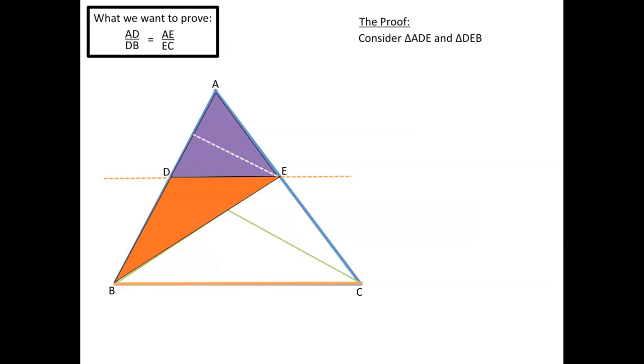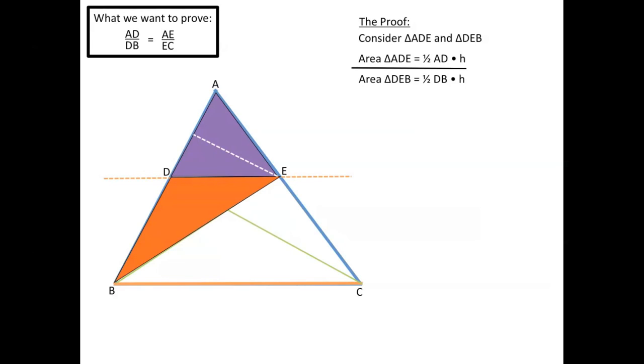So I can say that the area of triangle ADE is equal to half times AD times the height, which is denoted by the white line. In the same way, the area of triangle DEB is equal to half times its base, which is DB, times height. And I'm going to divide these two equations.